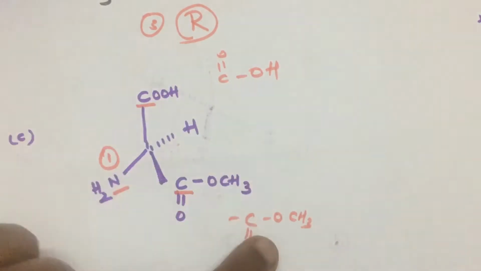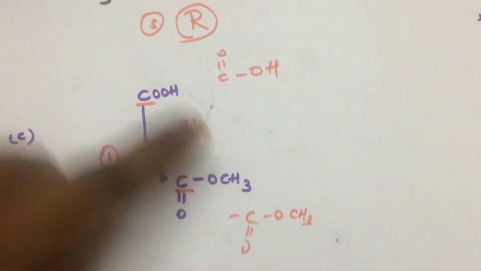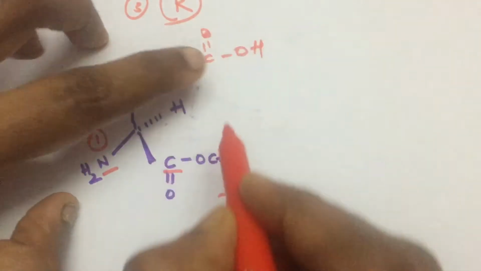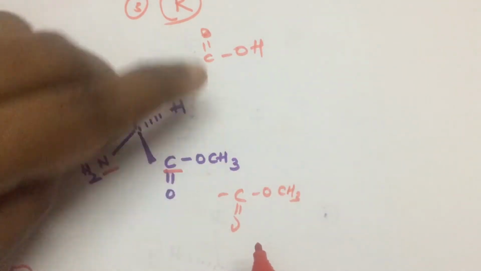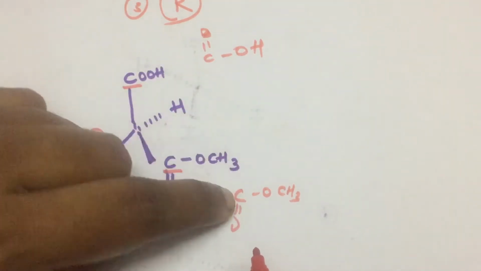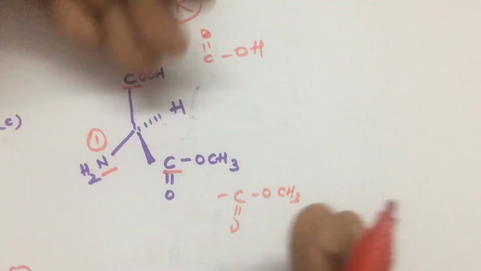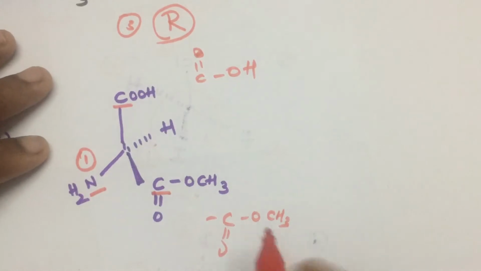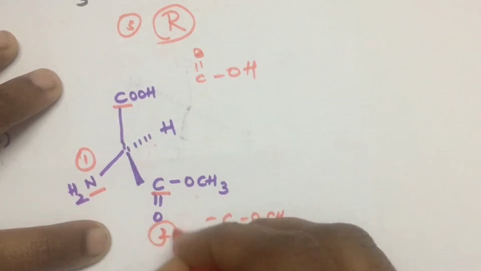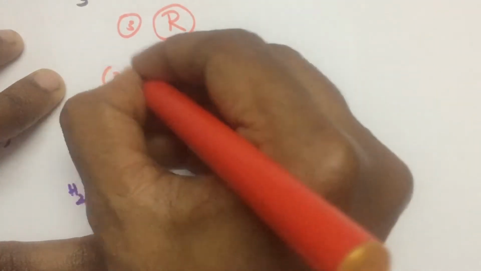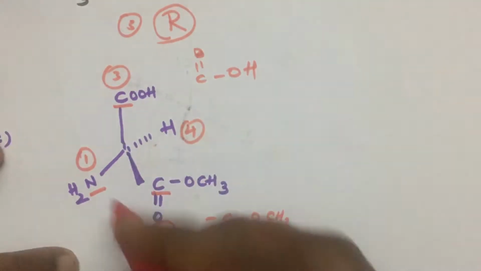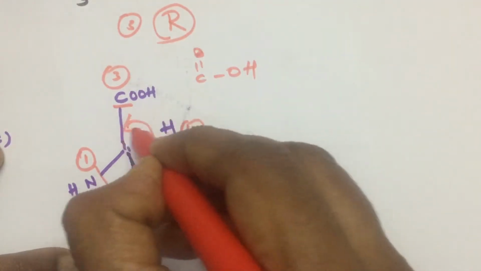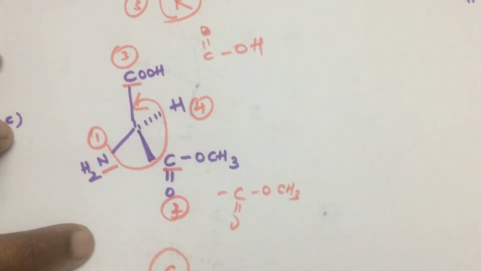We have to look at the first atom, and if there is no difference, we move to the second atom. Till we get a difference, we move along the chain. That is the rule. So I give number 2 to this group, number 3 to this group and 4. Here 1, 2, 3 is again anti-clockwise, so it is S configuration.